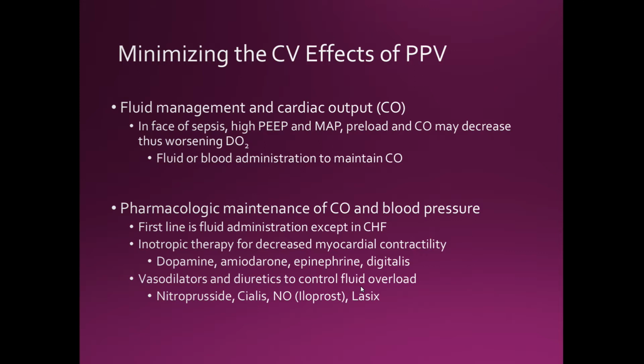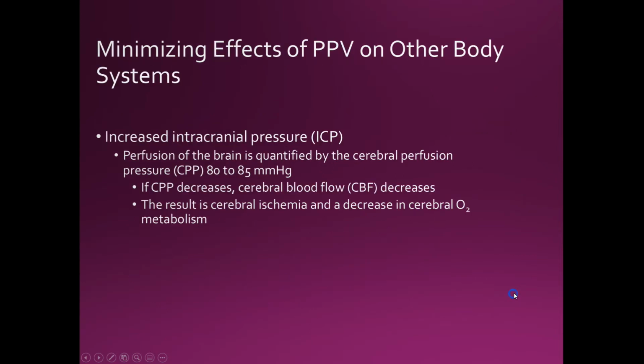And we want to give a diuretic so they can pee the fluid out. So therefore, they would not be puffy, they would not retain fluid, and the heart would not be taxed with a lot of work. Now you have your nitroprusside, Cialis, nitrous oxide, your iloprost, and then your Lasix, which people pretty much are well familiar with.